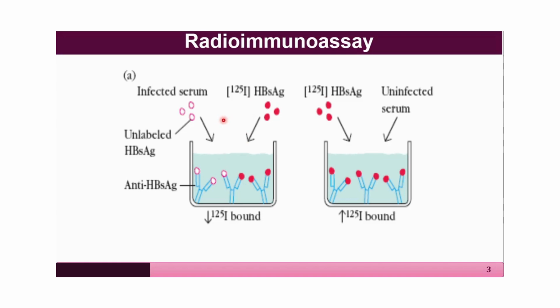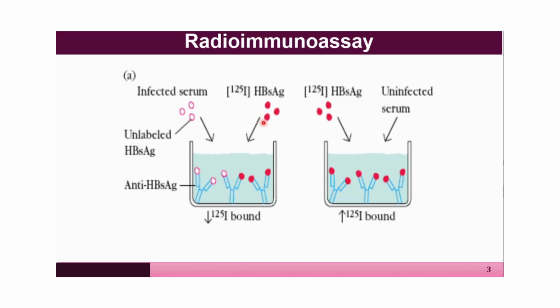There will be competition between the unlabeled hepatitis B antigen, which is found in the serum, and the labeled hepatitis B antigen to bind to the antibody antigen binding site. If the concentration of the unlabeled antigen is more compared to the concentration of the labeled antigen, more of the unlabeled antigen will bind to the FAB site and the labeled antigen will not be able to bind.